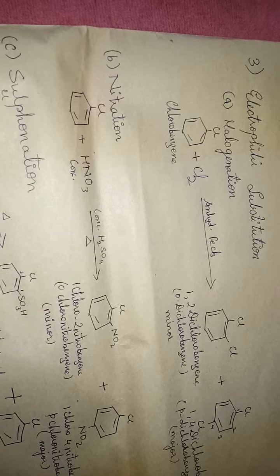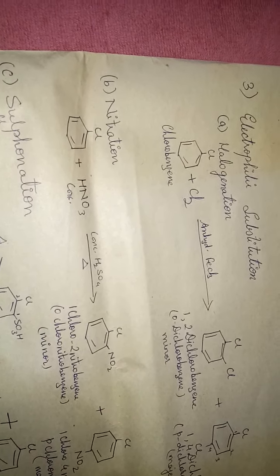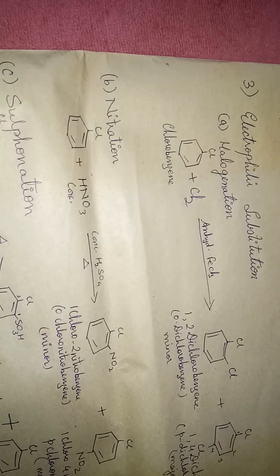Now the major series of reactions in haloarenes are electrophilic substitution. Haloarenes will easily undergo electrophilic substitution reaction with benzene because the halogen atom is a slightly deactivating ortho-para directing group. Therefore, substitution occurs at ortho and para positions with respect to the halogen atom. The ortho-para directing influence of the halogen atom can be understood by these reactions.